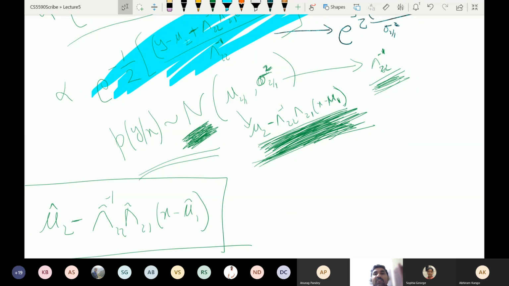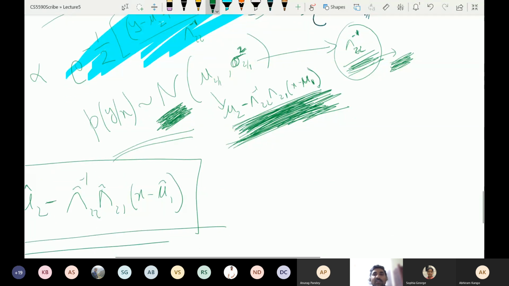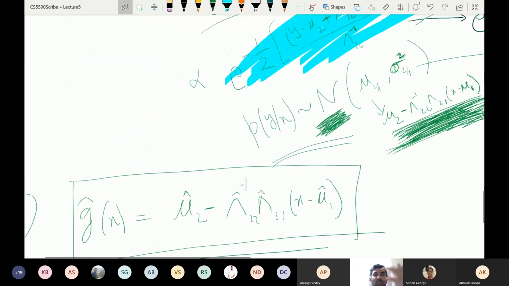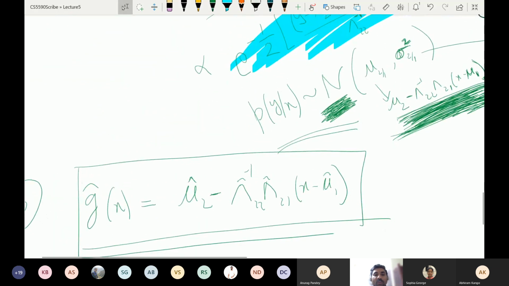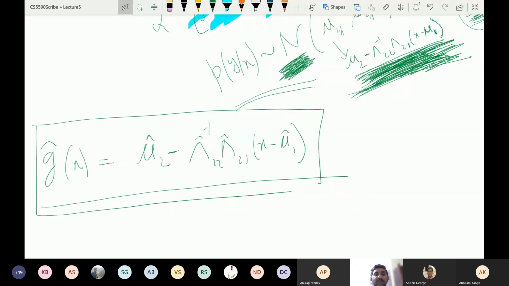So the parameters will be a function of x. And interestingly, in this case, the variance is not a function of x. It would have been more interesting if this also was a function of x. But here it is not. That's what your original generative model turned out to be. Okay. Now, is this clear till now?